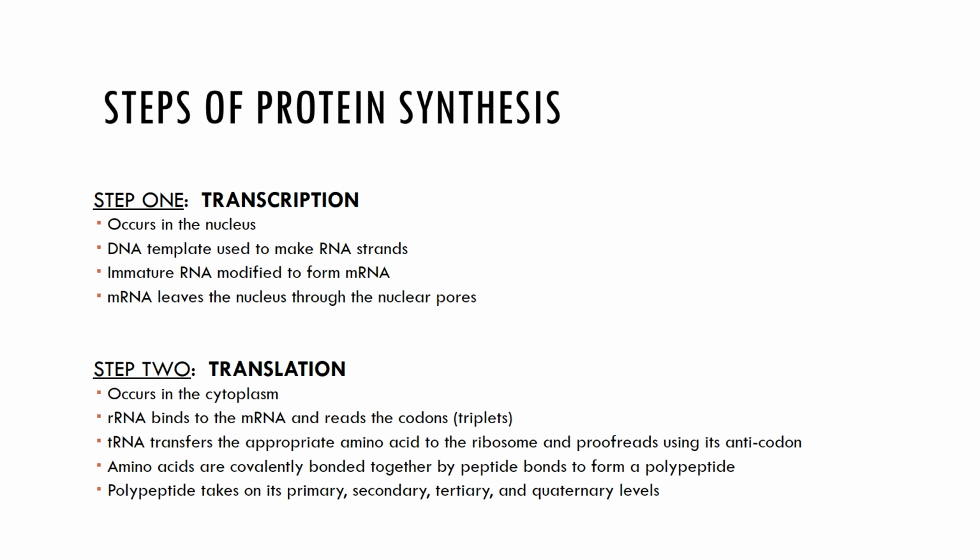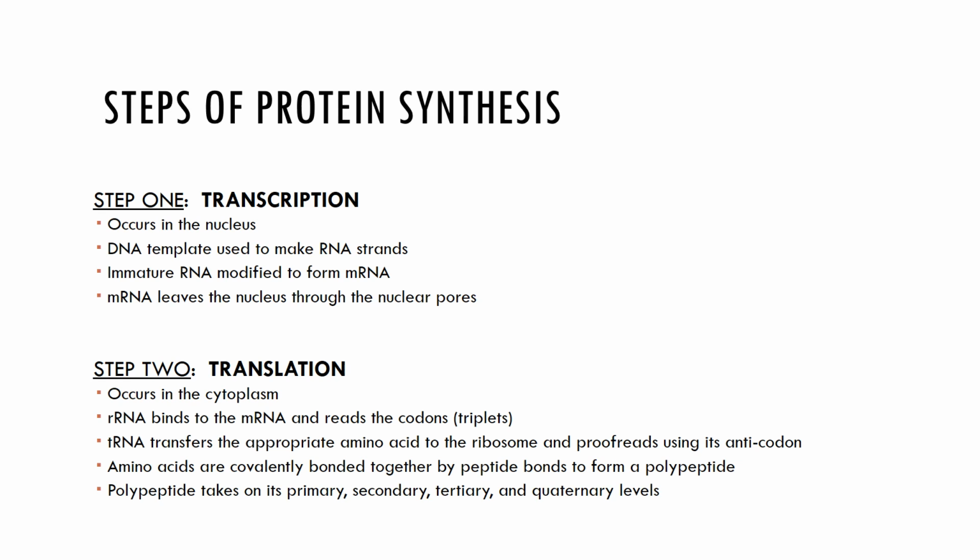Ribosomal RNA binds to the messenger RNA and reads the codons or triplets. Transfer RNA transfers the appropriate amino acids to the ribosome and proofreads its anticodon. Amino acids are then covalently bonded together by peptide bonds to form a polypeptide. And then the polypeptide can take on the different levels of shape that we talked about previously.